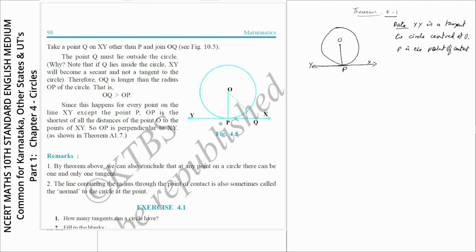So according to this theorem, OP is perpendicular to XY. So mathematically I should prove it.